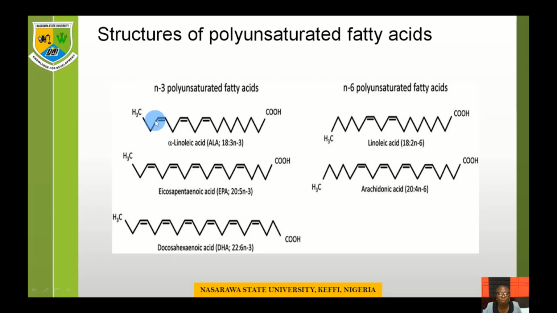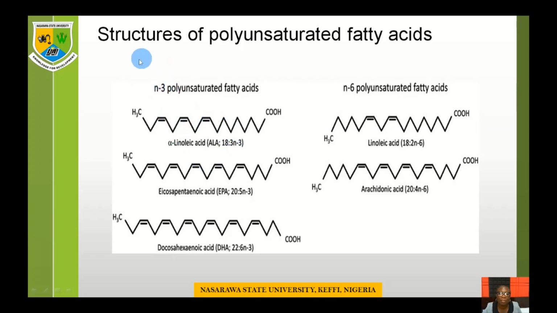All right, but if you want to just name this compound and you are counting from the carboxylic end, 1, 2, 3, 4, 5, 6, 7, 8, 9. So it will be 18, 3. It could be delta 9. All right, 18, 3, 9. 3 means that it has 3 double bonds and it is attached at position 9.